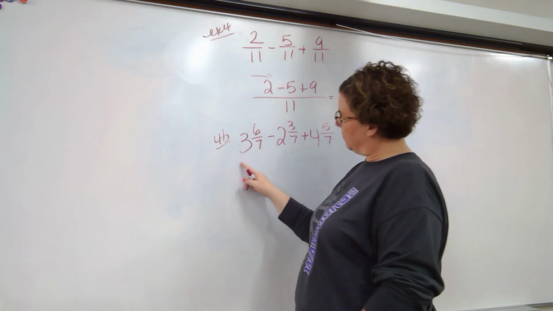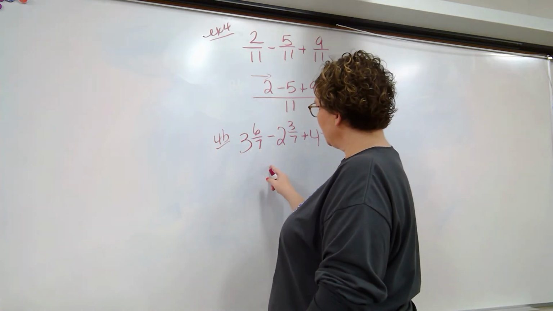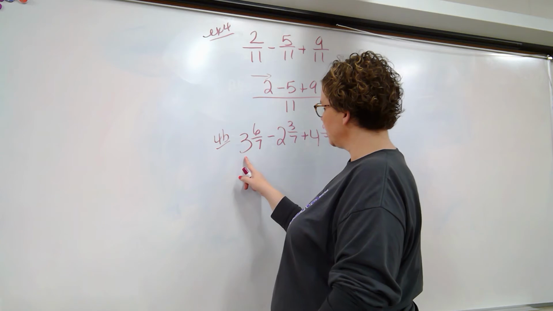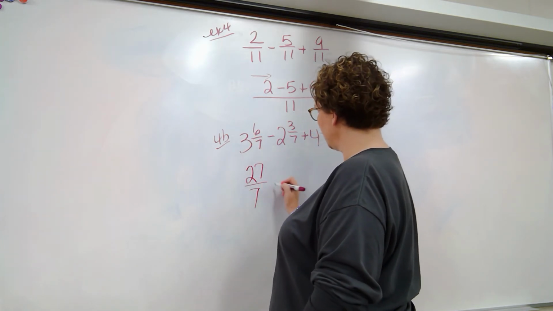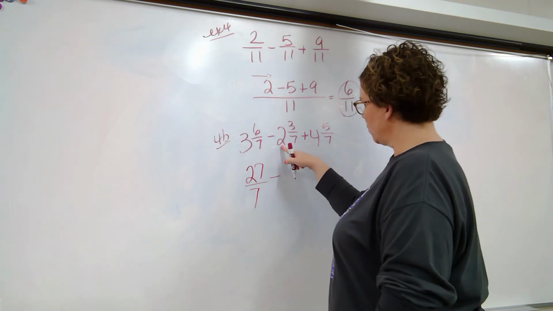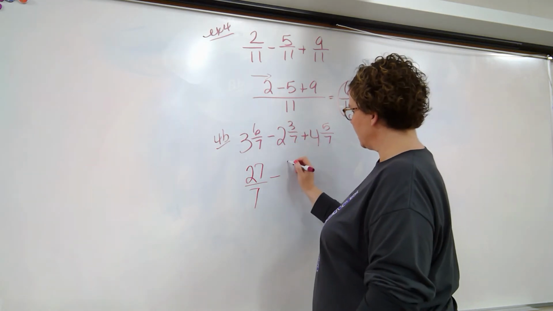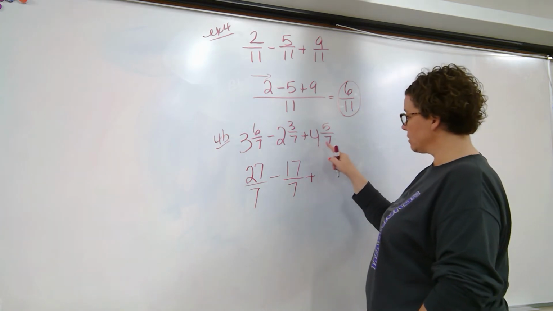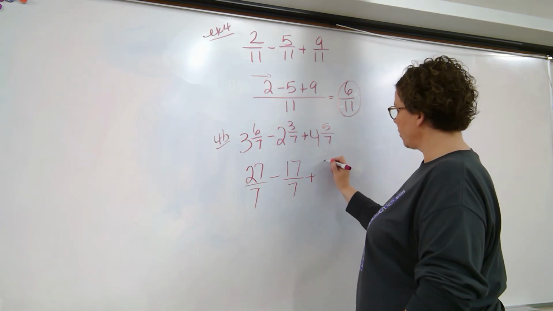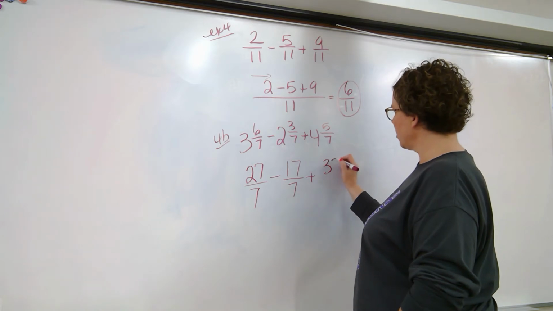But just for this example, I'm going to make these into improper fractions. 7 times 3 is 21, plus 6 is 27 over 7. 7 times 2 is 14, plus 3 is 17 over 7. 7 times 4 is 28, plus 5 is 33.